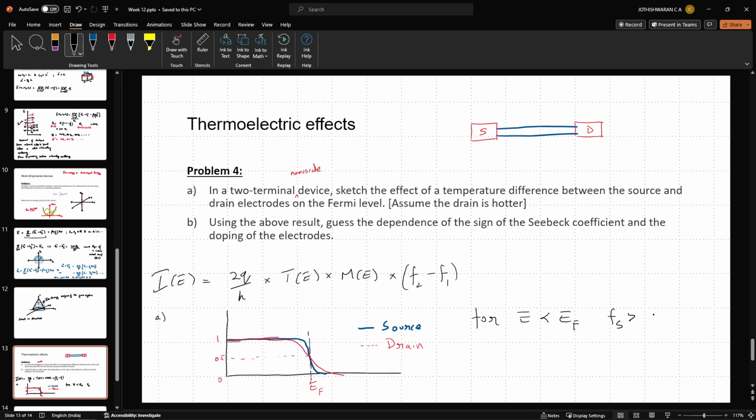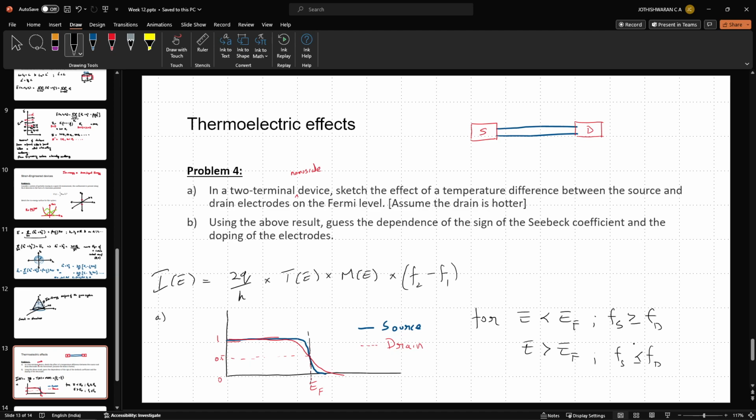So Fs is greater than Fd. And for E greater than or equal to EF, we have Fs less than or equal to Fd.